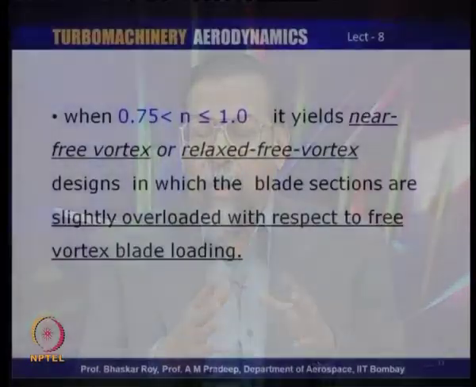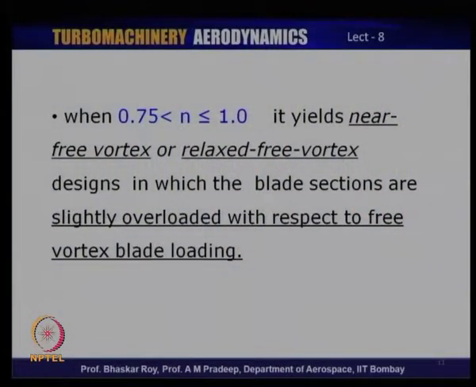For example, it is possible that the value of n could be a little less than 1, and if it is somewhere between 0.75 and 1, this yields what is often referred to as a near free vortex or simply relaxed free vortex design, in which the blade sections are slightly overloaded with respect to the free vortex blade loading.